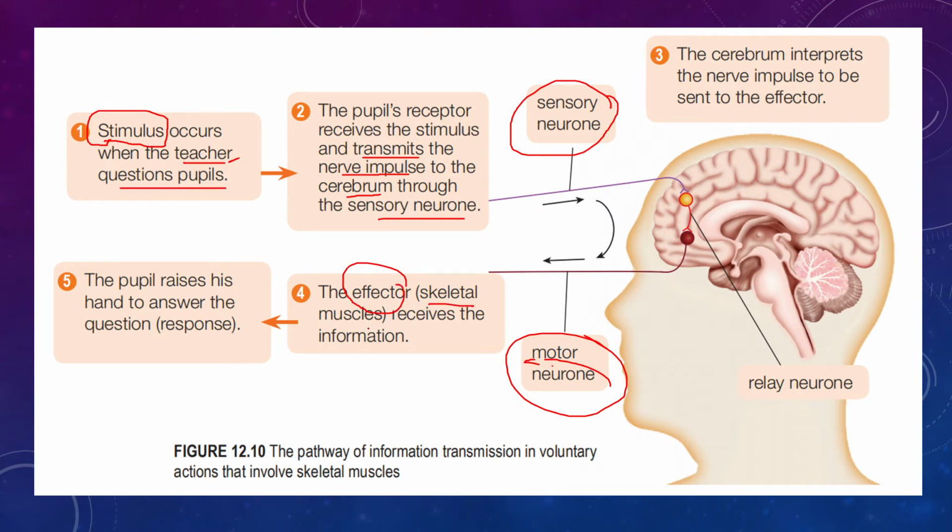In this case, the skeletal muscles receive the information, and the pupil will raise his hand to answer the question. And thus we say that this is the response that is generated. This is the response that the pupil gives to the stimulus, which the teacher has just posed as a question to the students.